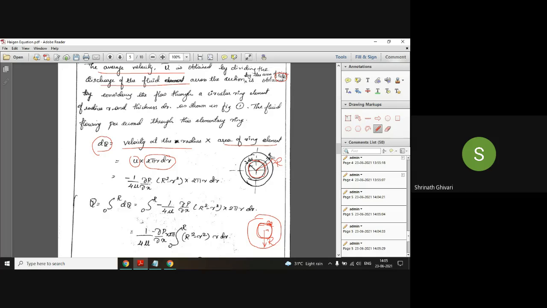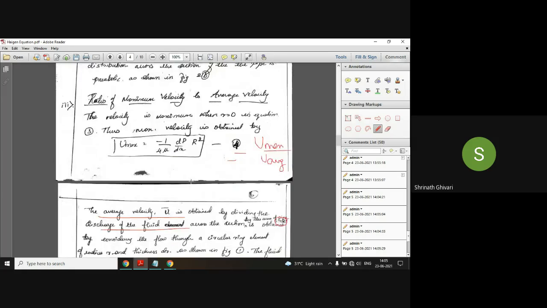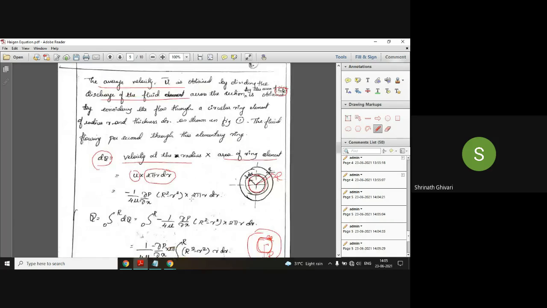Now u is minus 1 by 4 mu dou p by dou x into R square minus small r square, so dq is u into 2 pi r dr. This is the discharge which is flowing through the elementary ring.